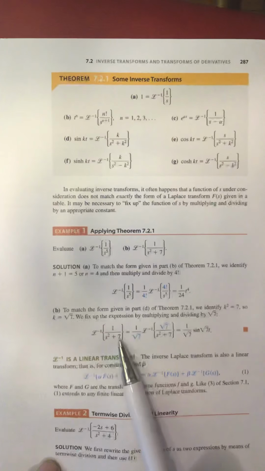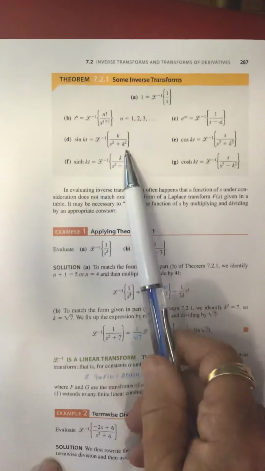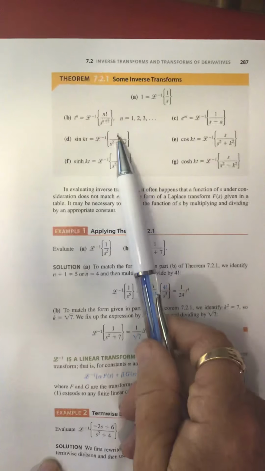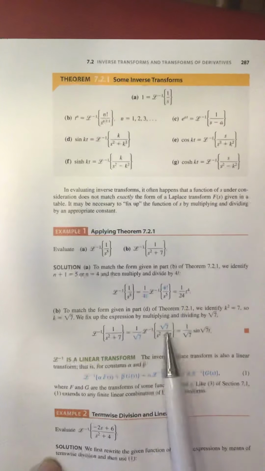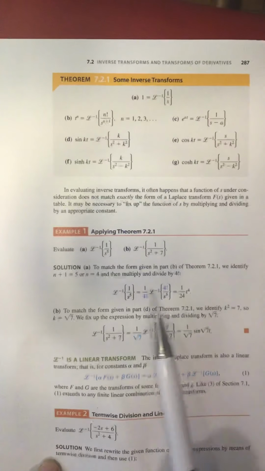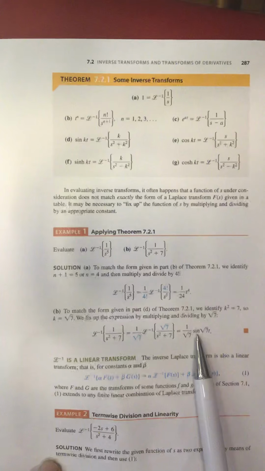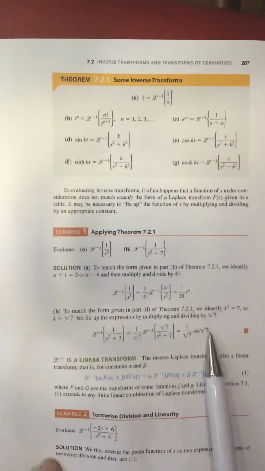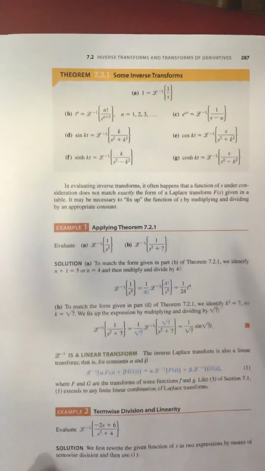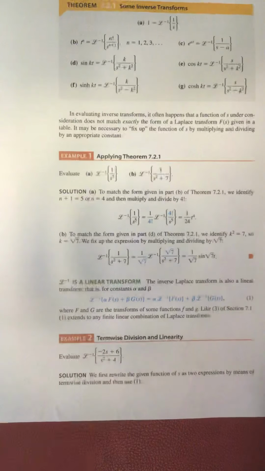Well, 7 is the square root of 7 squared, and so I need k on top. I need a square root of 7 on top so that this matches that. So I have to multiply by 1 over the square root of 7. Now the inverse Laplace has a sine of kt, and then 1 over the square root of 7. So that's the process.